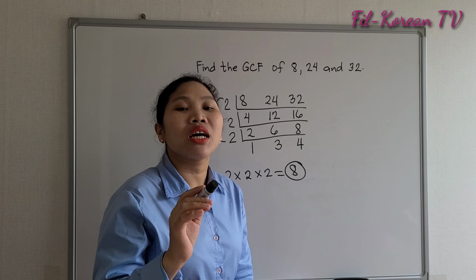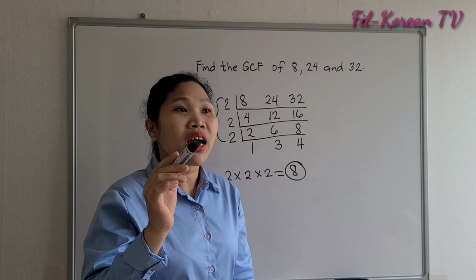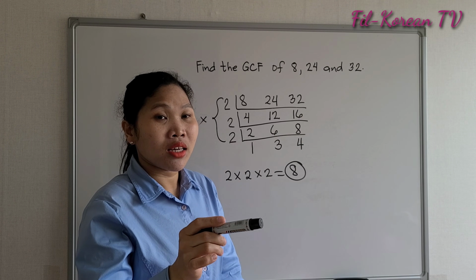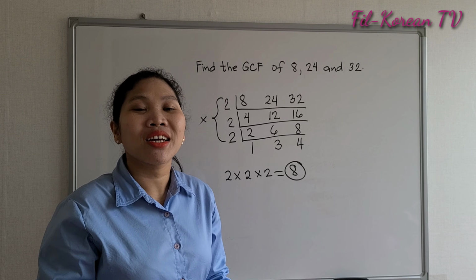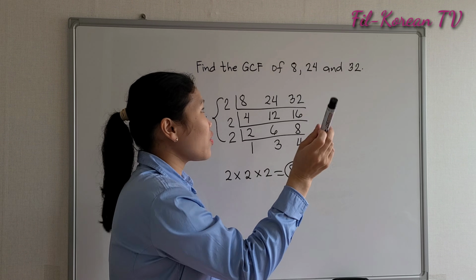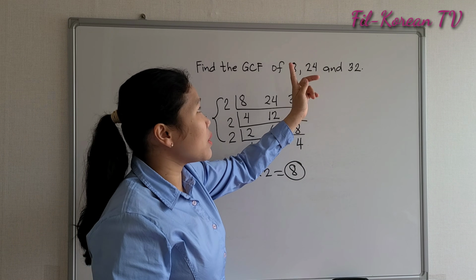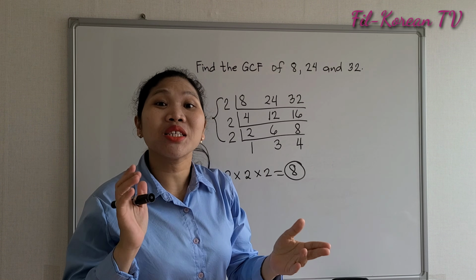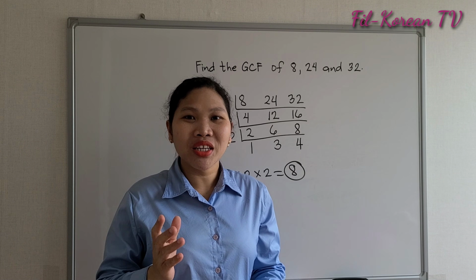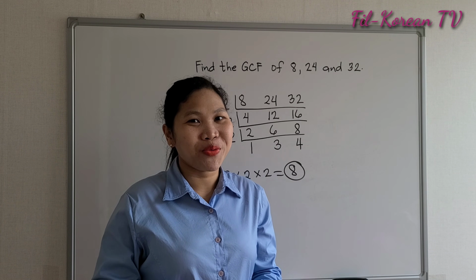If the other given numbers can be divided by the smallest given number, the GCF is the smallest given number. Like in this example, 8, 24, and 32. 24 can be divided by 8. 32 can be divided by 8. Automatic, the GCF is 8. You need not solve if you know that secret. I hope that will help you.